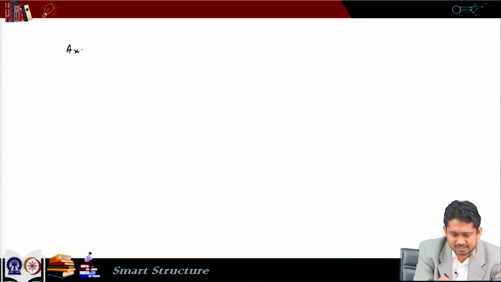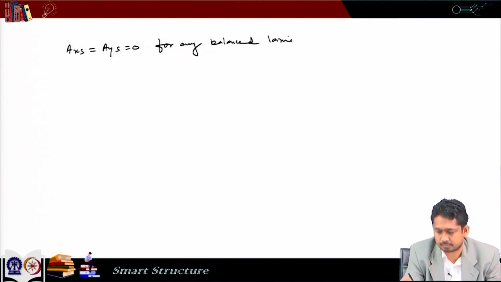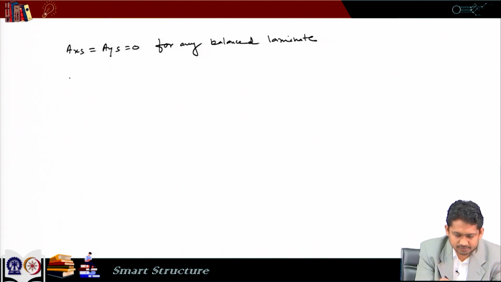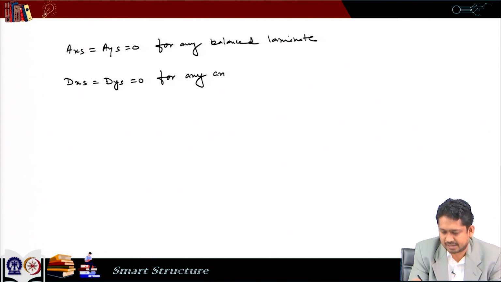Now, A_xs equals A_ys equals 0 for any balanced laminate; it can be proved. And if the laminate is antisymmetric, then D_xs equals D_ys equals 0 for any antisymmetric laminate.